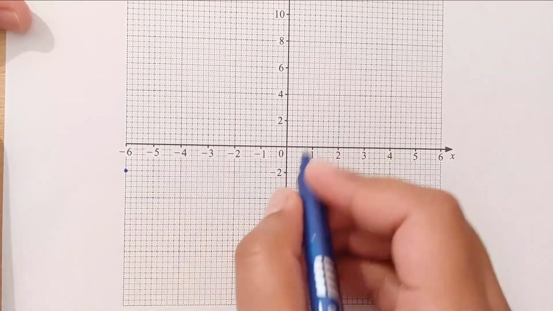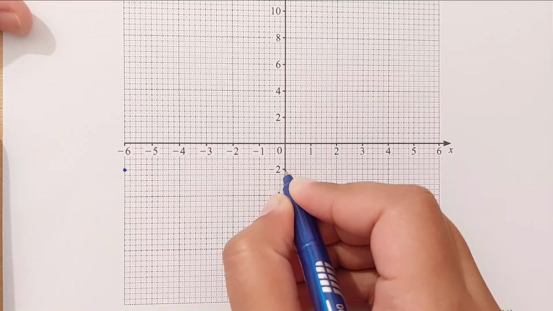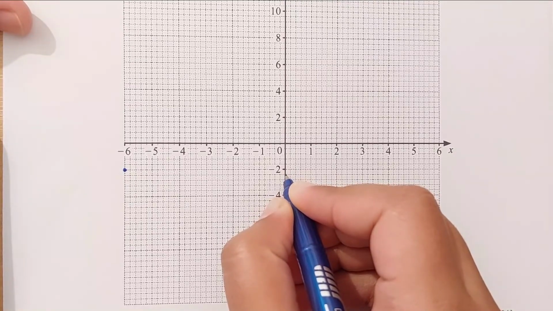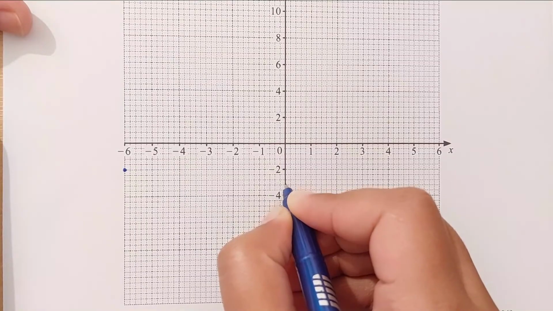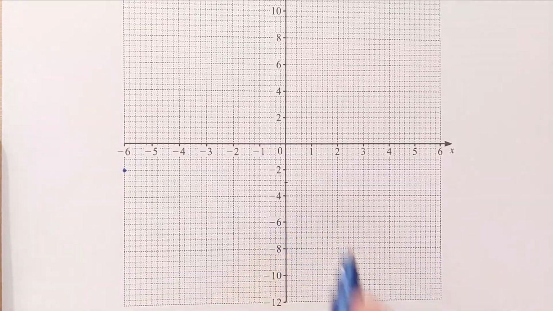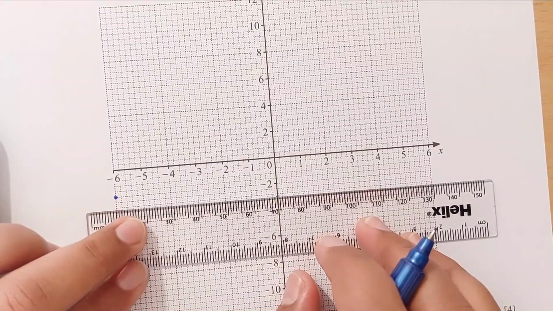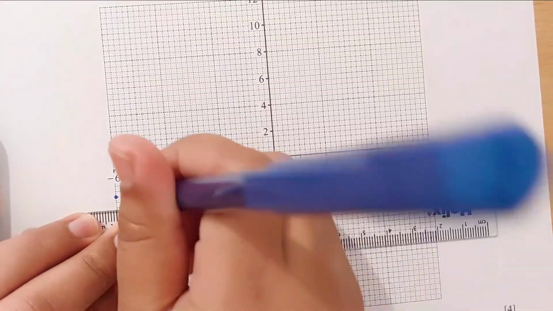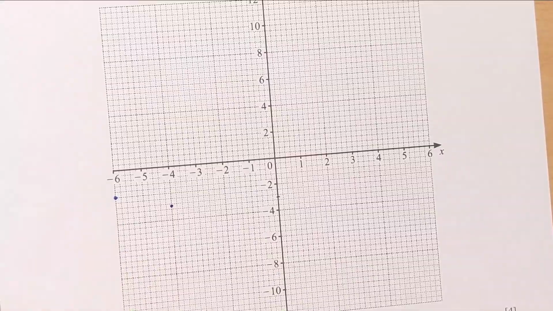Minus 2 is here, and we add 0.4, so 2.4, then 2.8, and then 3.2. So this is minus 3 in the middle, right? And minus 4. Let me plot this point in the middle one, this point, right?